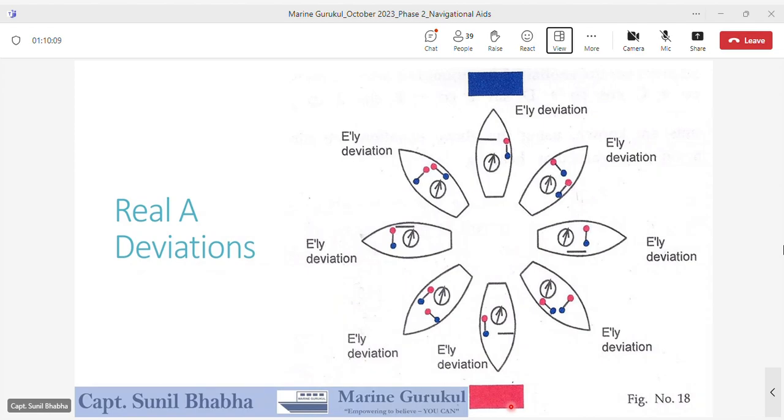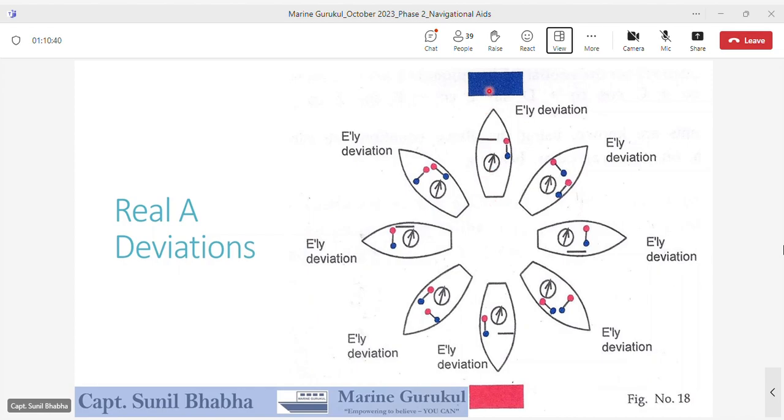Now we know that the magnetic lines of force come out of the red pole and go into the north pole. So the magnetic lines of force are coming out of the red pole going into the blue pole. In this particular diagram, you will see that the magnetic lines of force are going vertically upwards from the red pole to the blue pole of the Earth.